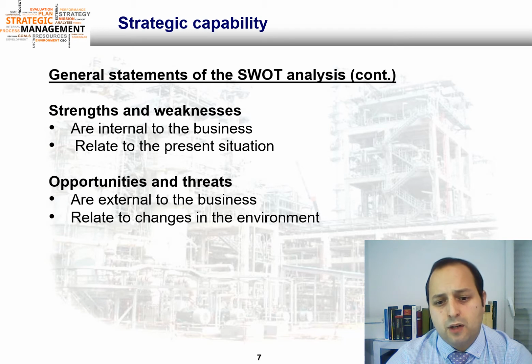And moreover, you have to take into account that strengths and weaknesses are both internal and relate to the present situation, and both opportunities and threats are external to the business and relate to changes in the environment.